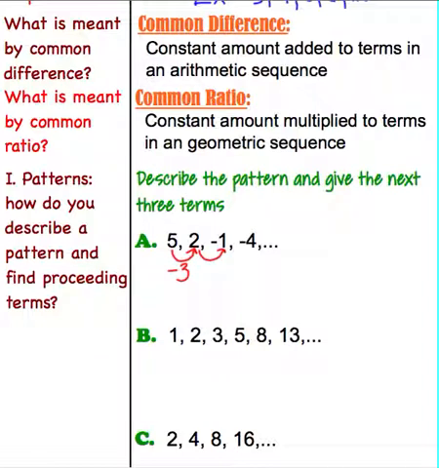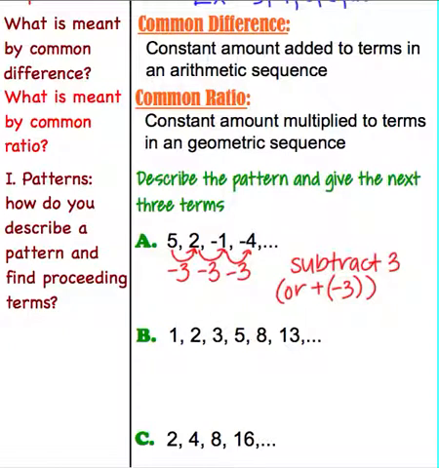Down a third one, that's -1. So that is -3. And -1 minus 3 is -4. So we would say here that our pattern is subtract 3, or plus a -3.